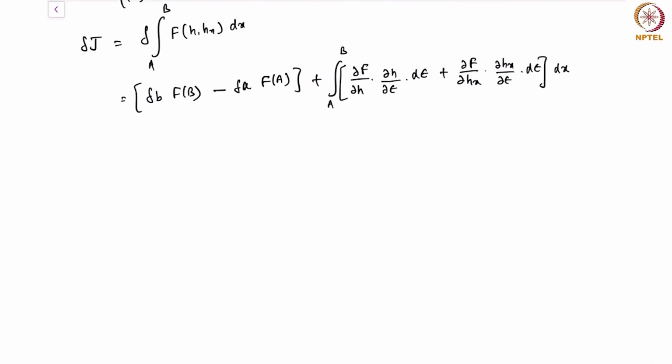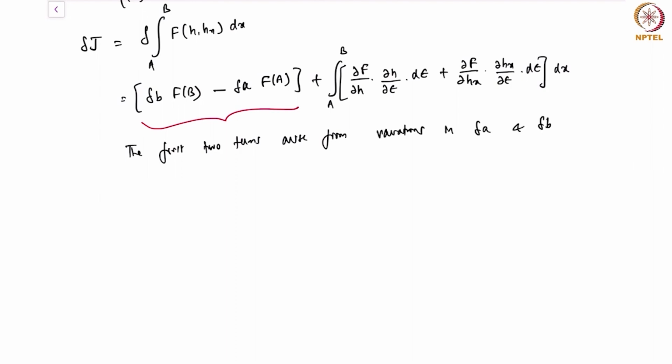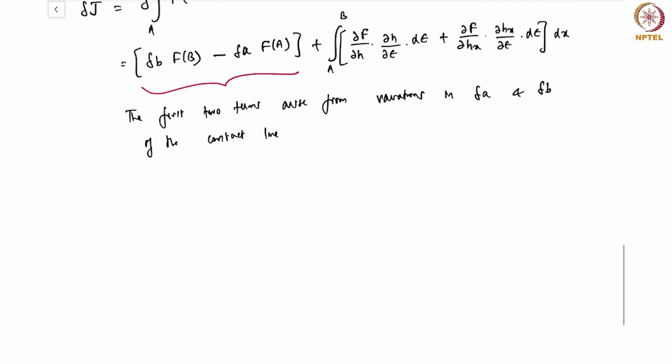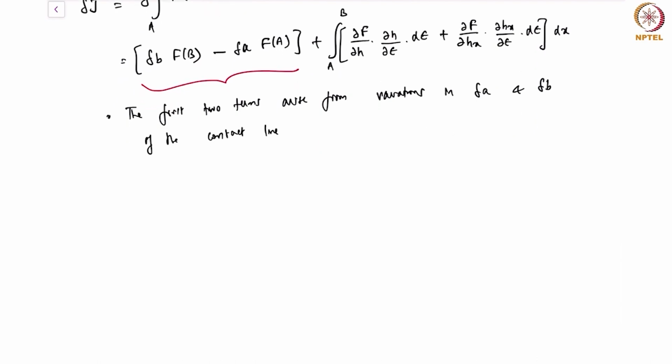So the first two terms are variations that arise from variations in delta A and delta B of the contact line. Okay, that's the first observation.